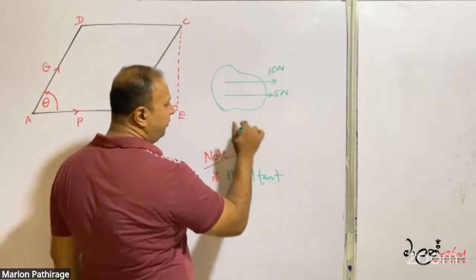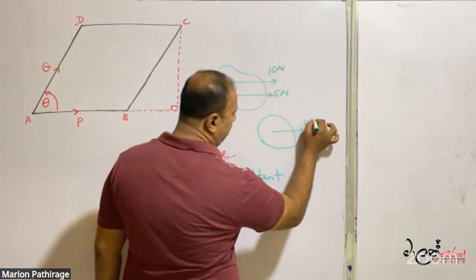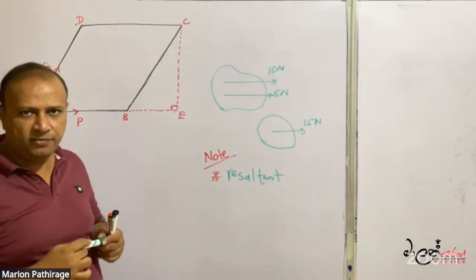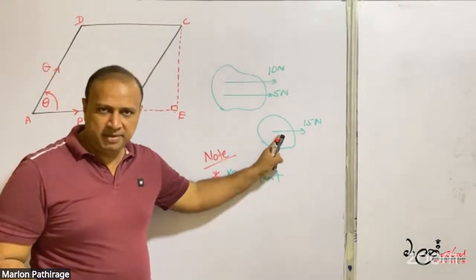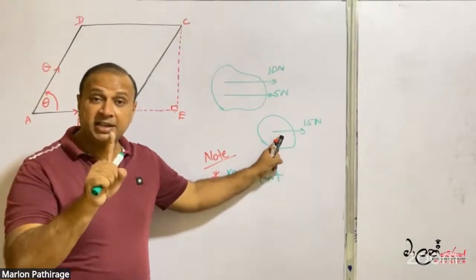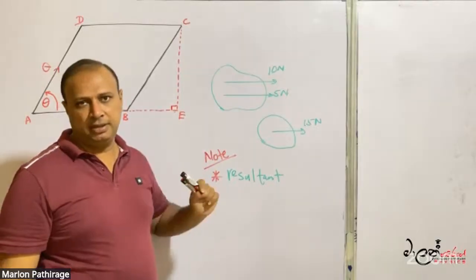Therefore, instead of these two, I can apply 15 Newton force in the same direction. Therefore, the resultant vector is a single vector that can replace a vector system.